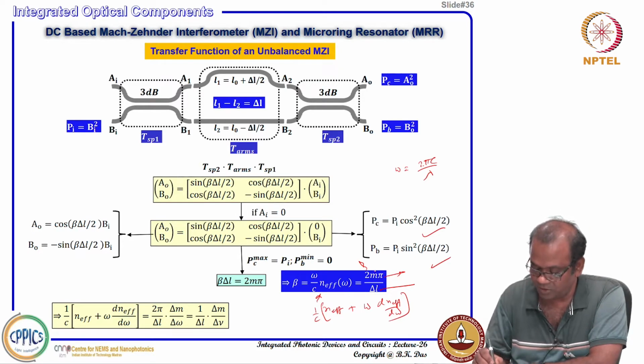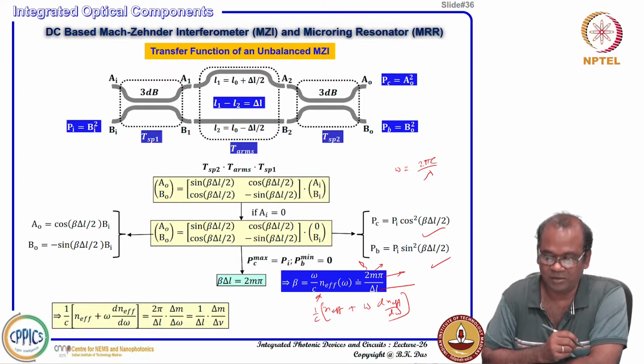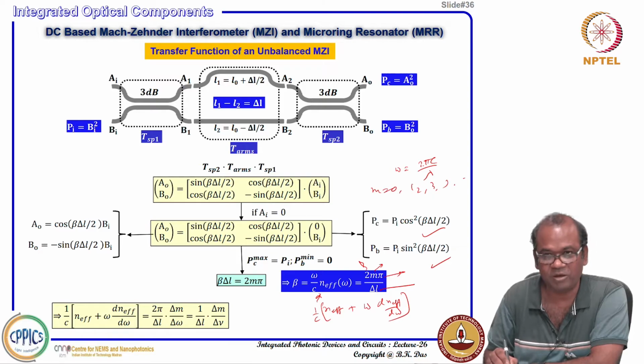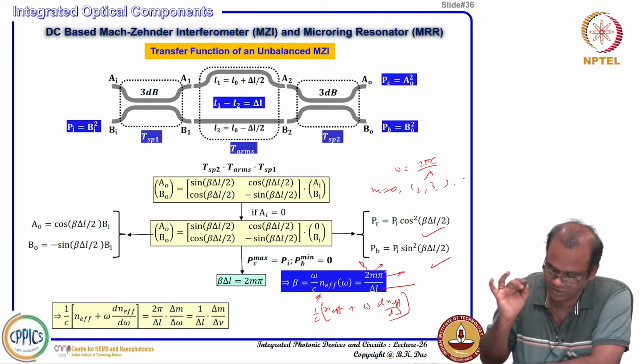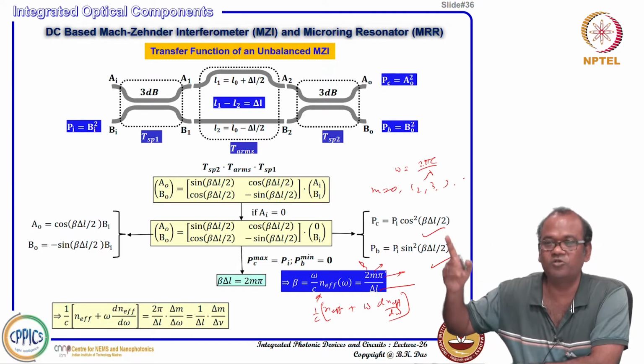Still, if you want to consider this, it means the order m must change. We know that m equals 0, 1, 2, 3, 4, and so on, so m must be changed. If I vary the frequency and take the derivative on the left-hand side, the only variable on the right-hand side is m; other things are constant. So just m varies, but it is quantized: 1, 2, 3, 4, and so on.